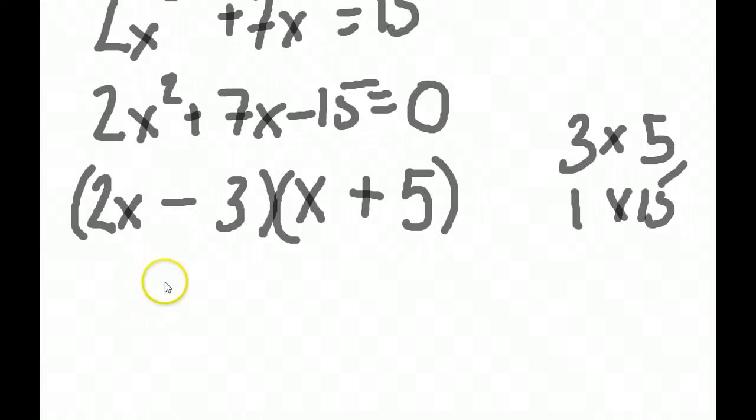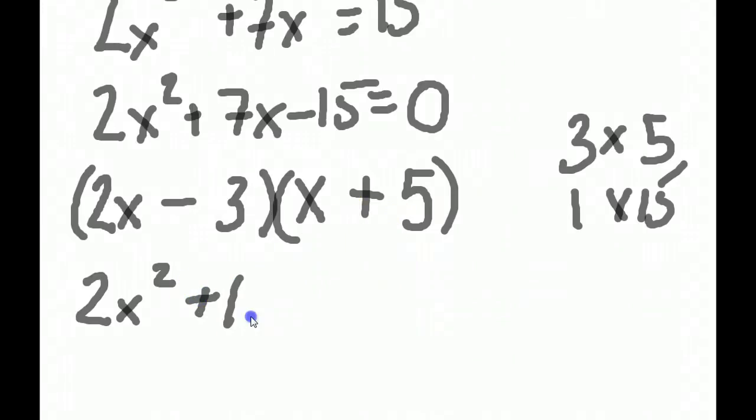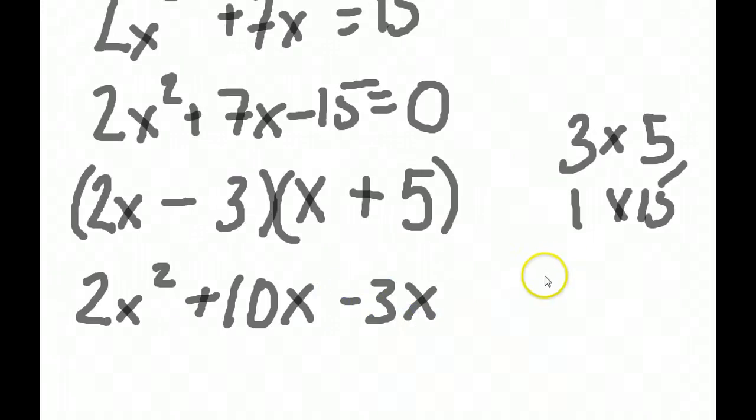And the first would be 2x squared. Yep. Outer is 2x times 5, which is plus 10x. Right. Then minus 3x. And then the last one would be minus 3 times 5, which equals negative 15.